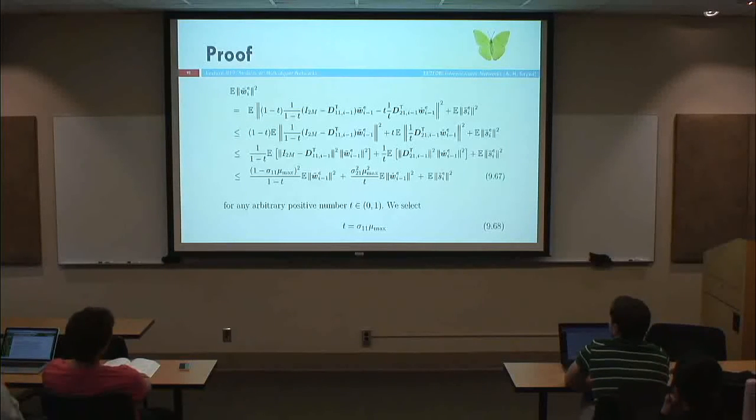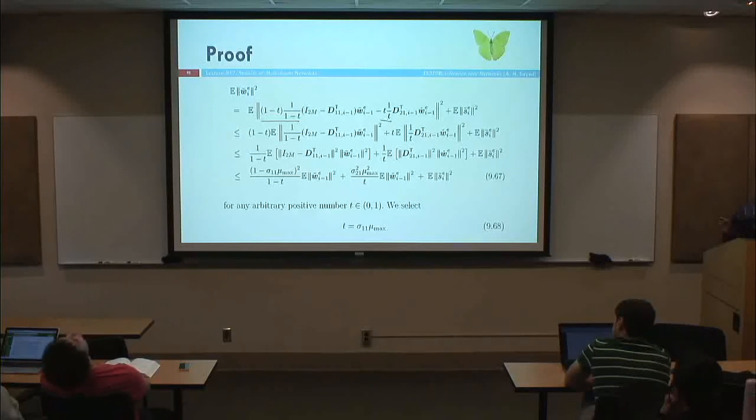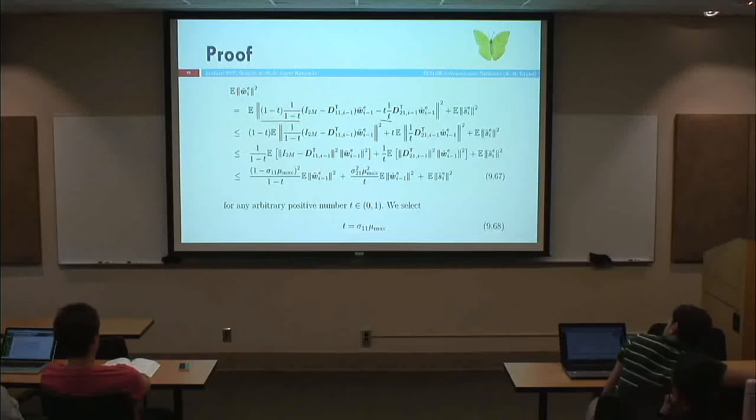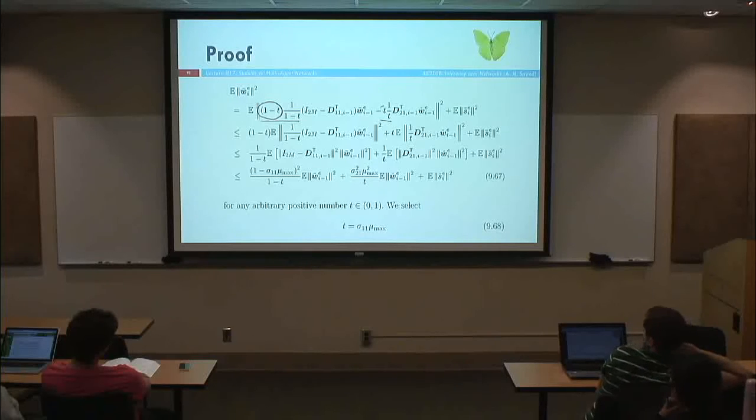Okay. So I'm going to multiply here by 1 minus T times 1 over T, and T times 1 over T. I did not change anything, right? However, I have 1 minus T here and T here. So I have a convex combination of two things.